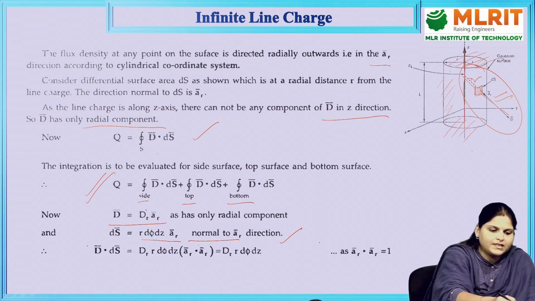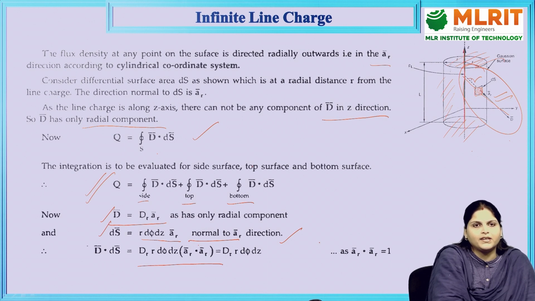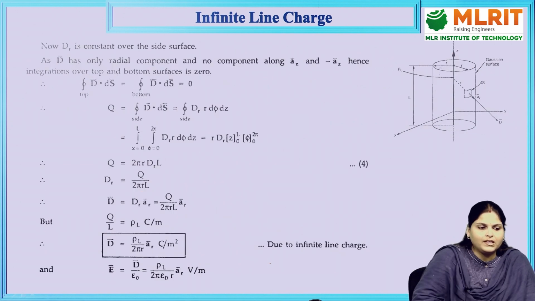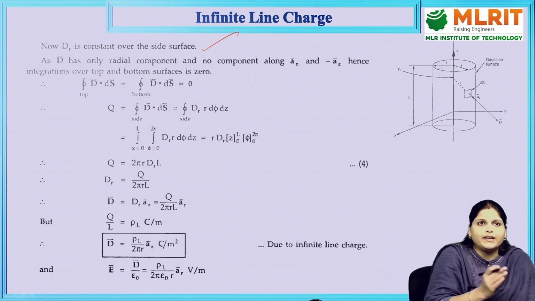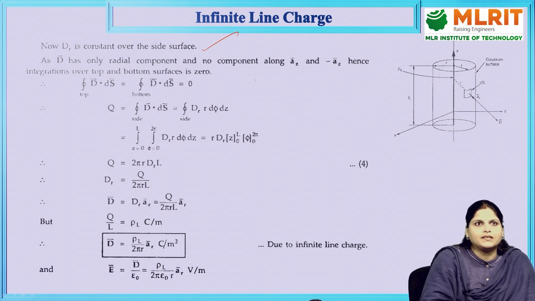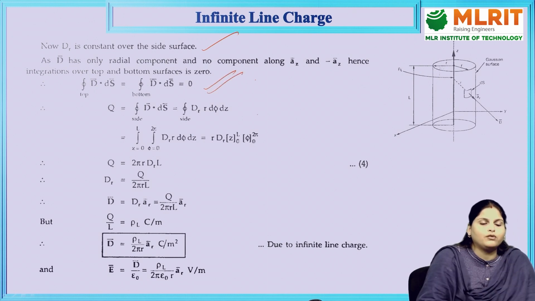So we put these D and dS in the formula, and we get D dot dS is equal to D_r r dphi dz a_r dot a_r, and a_r dot a_r becomes 1, so we get D_r r dphi dz. This D_r is constant over the side surface, and as D has only radial components, there will be no component in plus z and minus z direction, meaning a_z and minus a_z. So the integration over the top and bottom surface will be equal to 0. That is how we write integration of D dot dS for top and bottom is equal to 0.